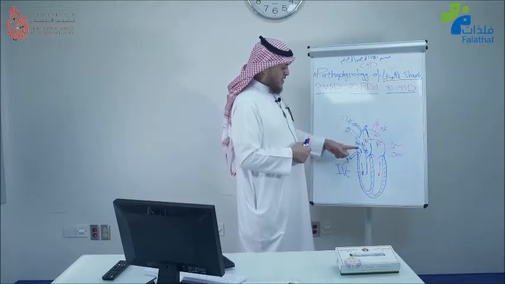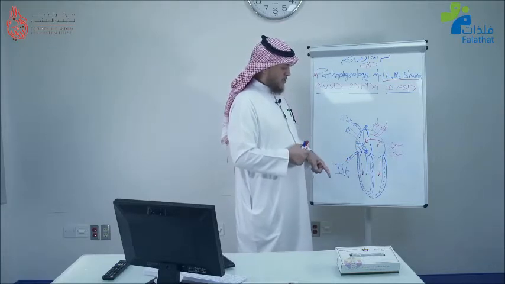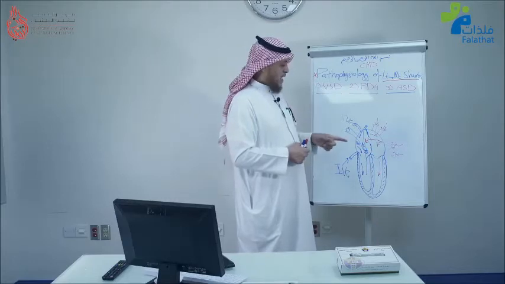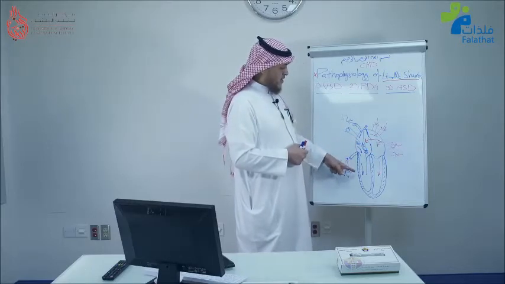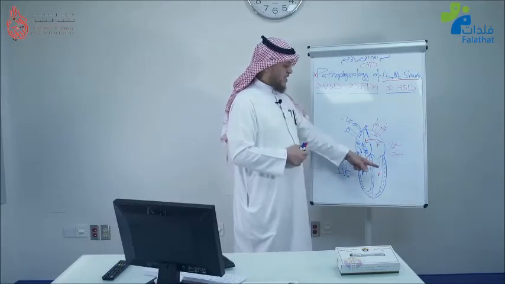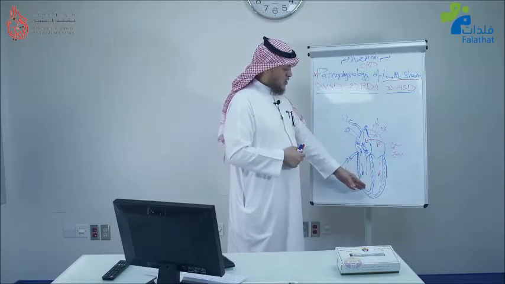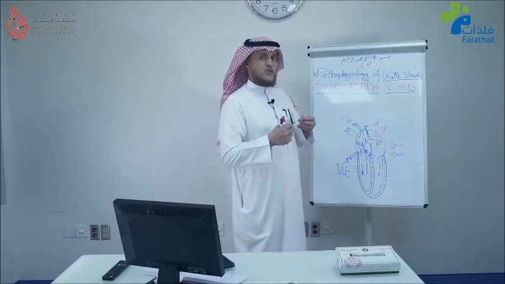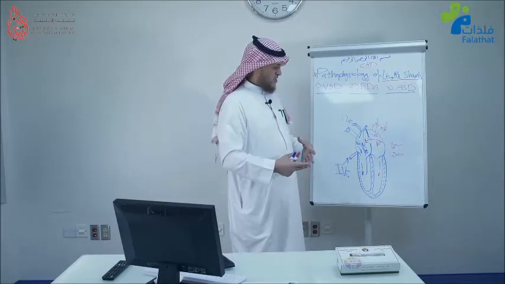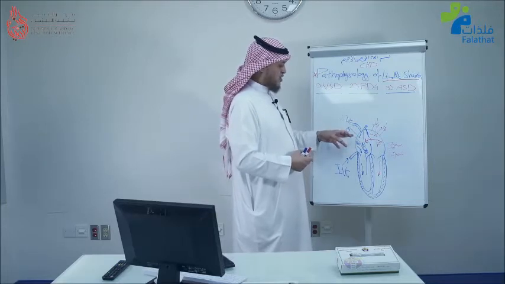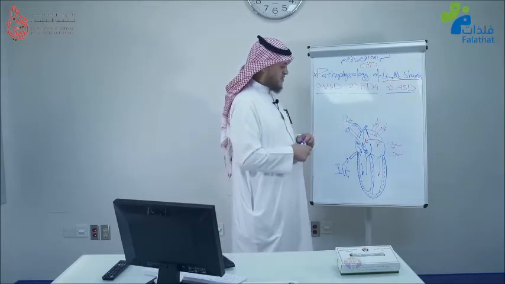We know that the right ventricle pressure is much lower than the left side, and we know that the muscle wall of the right ventricle is quite thin and soft, and the pulmonary artery pressure is also low with a low resistance.